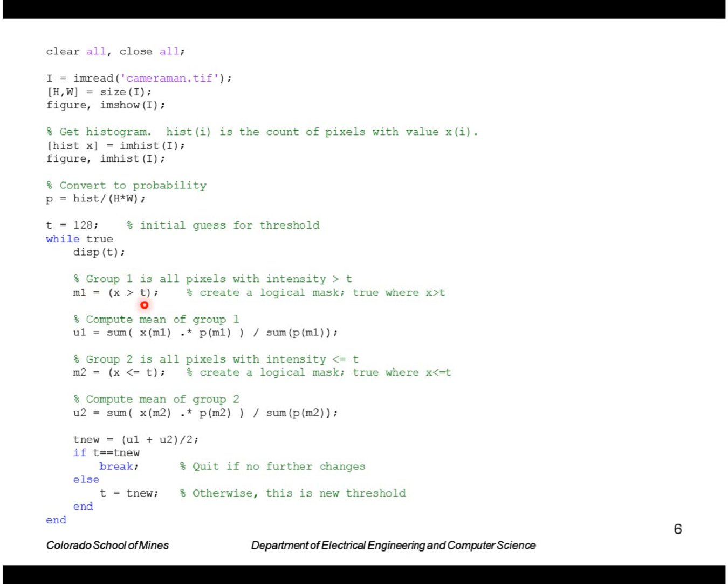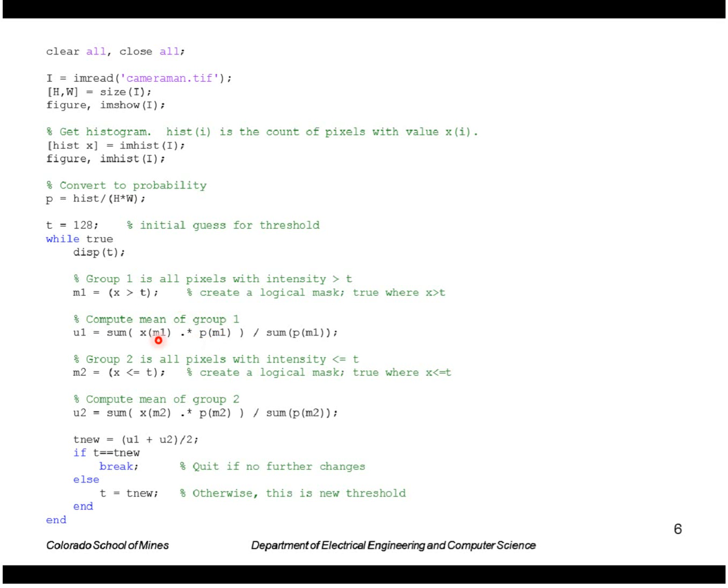This expression in MATLAB creates a logical mask of all the intensity values that are greater than t, so it has a 1 for those and a 0 for the others. Then we can use that mask to extract only the values of x such that the mask is true, and the values of p such that the mask is true.